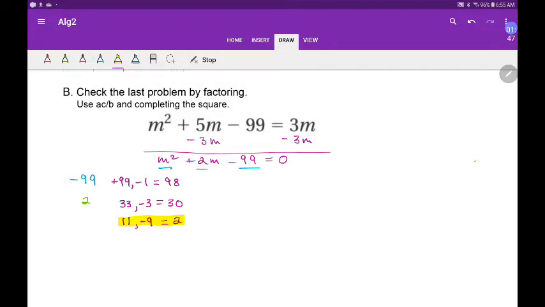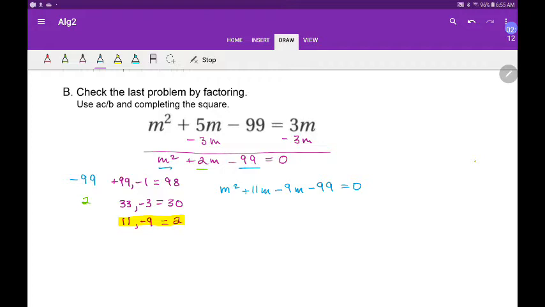So I'm going to rewrite my expression, and I'm going to say m squared. Instead of saying plus 2m, I'm going to say plus 11m, and then I'm going to say negative 9m, and then I'm going to say negative 99.